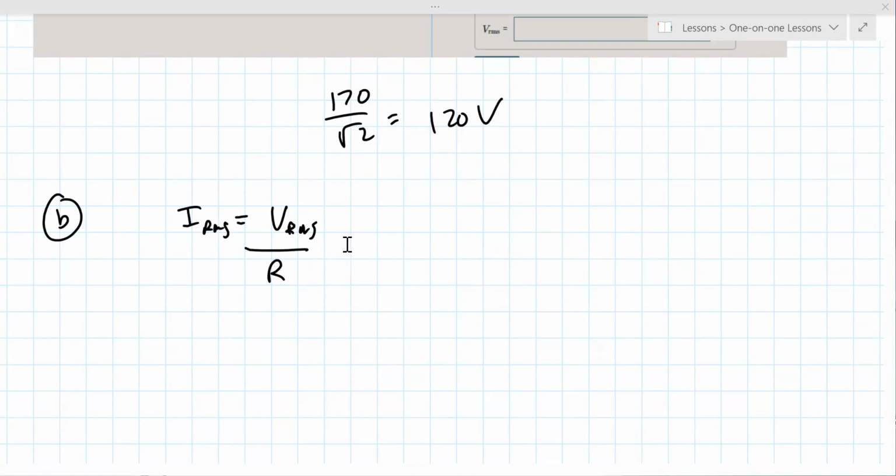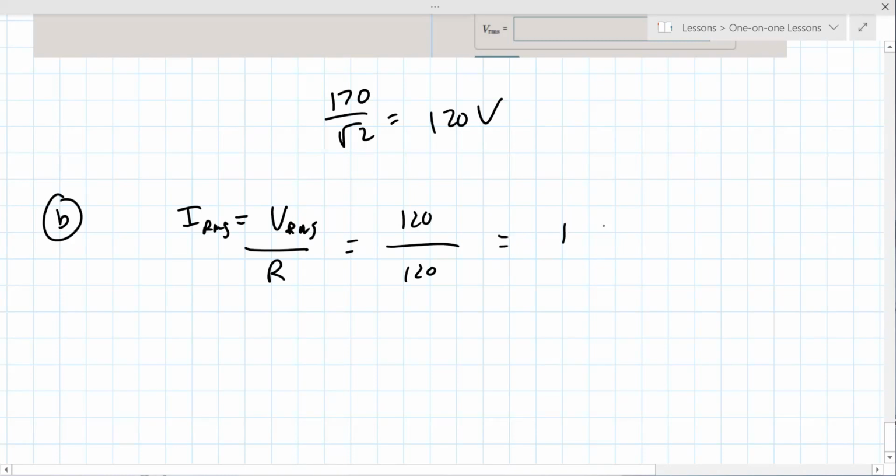Oh, yeah, it's a 120 ohm resistor. 120 over 120 is 1. So looks like it's 1 amp for part B. Correct.